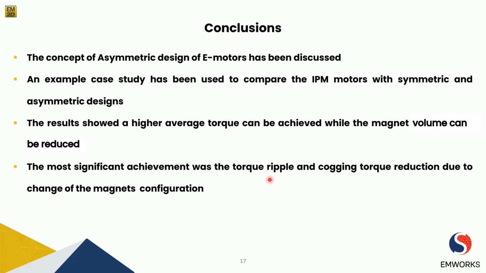Electric motor designers must consider these. But the most significant achievement was related to the torque ripple rate. The torque ripple and cogging torque have been significantly reduced when we adopted the asymmetric design, showing us that the asymmetric design approach can be a useful tool in terms of providing better, smoother performance compared to conventional design, without adopting any other approaches such as skewing or notching the surface of the rotor core.